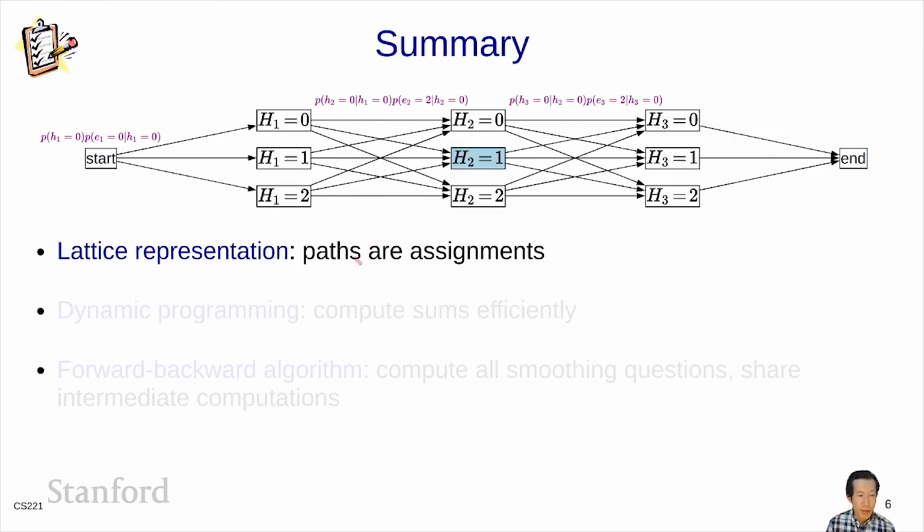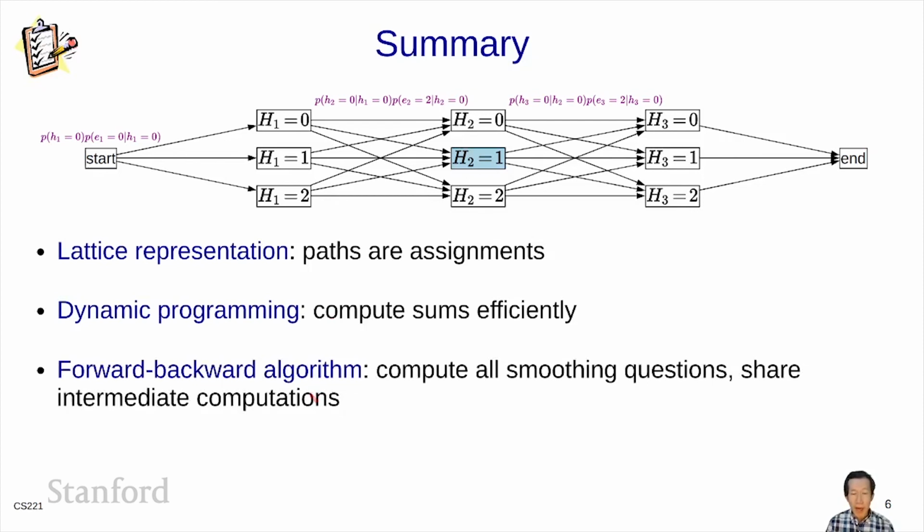That allows us to define a dynamic program which computes the forward and backward messages in an efficient way. And now, if you multiply the forward and backward messages and normalize, you can compute all the smoothing queries you want in the same amount of time as computing any one of them, because there's a lot of shared computation. All right, that's the end.